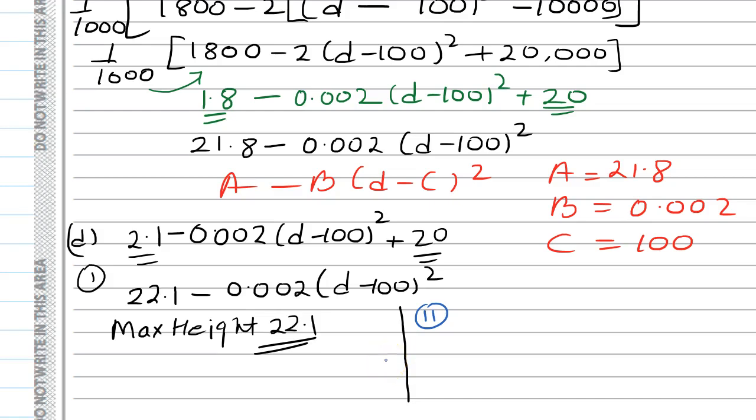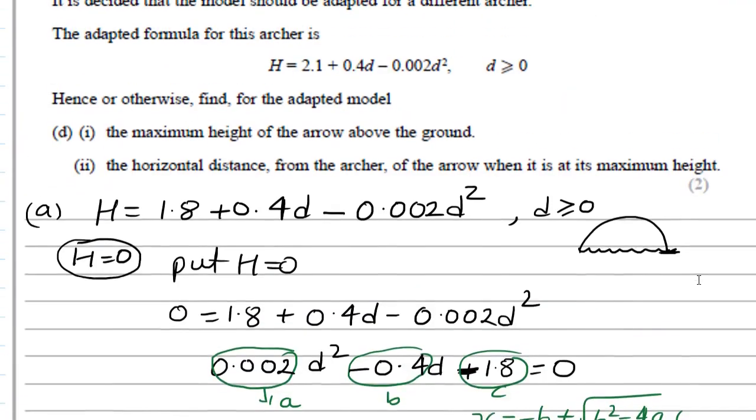They are asking horizontal distance. So what they are saying, let's go for the question: the horizontal distance from the archer of the arrow when it is at maximum height. So when it is maximum height, they are talking about this maximum height.